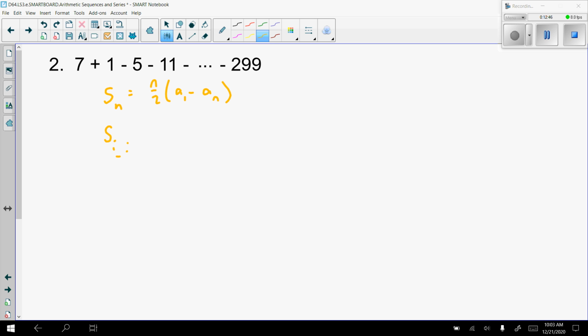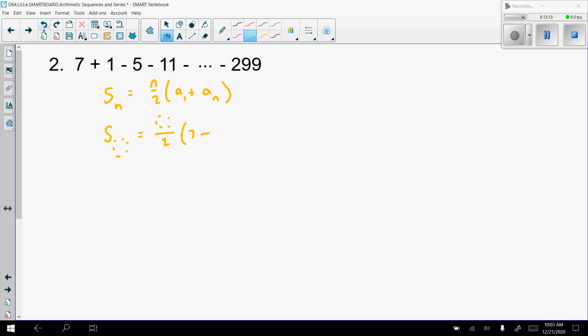So I'm going to just leave that blank. Equals, once again, I don't know how many terms there are, divided by 2, a sub 1 is 7, and a sub n, the very last one, is negative 299. Oh, I forgot a little plus sign right there. Make certain you put the plus sign right in there.